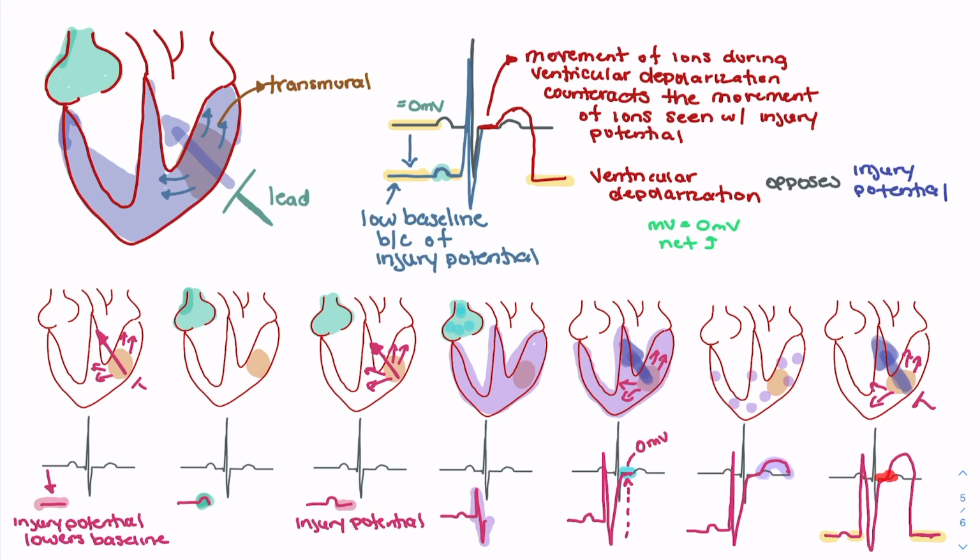Up here, during the ST segment, we see it go up to 0 millivolts, because when the ventricle is depolarized, that depolarization has counteracted the injury potential. So it's very challenging to see the injury potential in a depolarized ventricle. As a result, the ST segment goes up to zero millivolts, and that's where you get that elevation. This is a highly sensitive finding for transmural myocardial infarction when the patient doesn't have a mimicker.